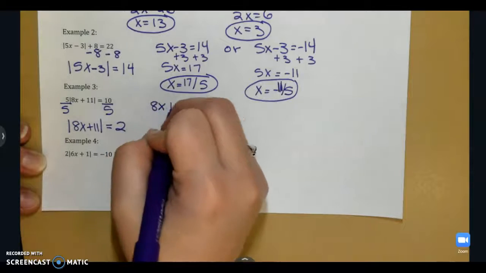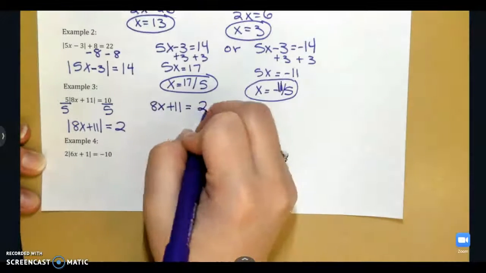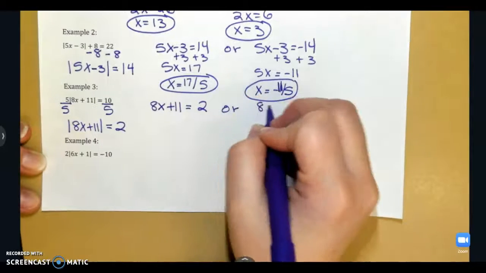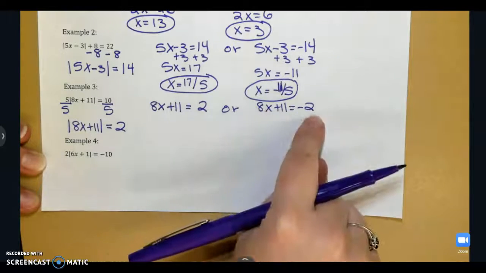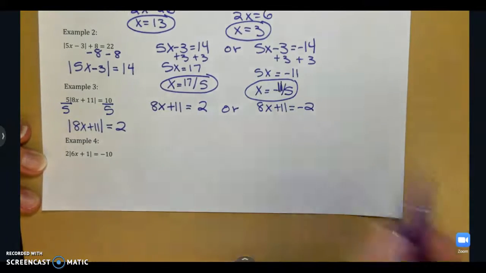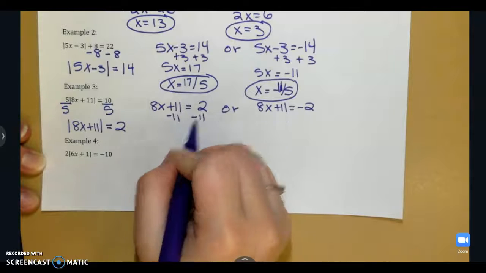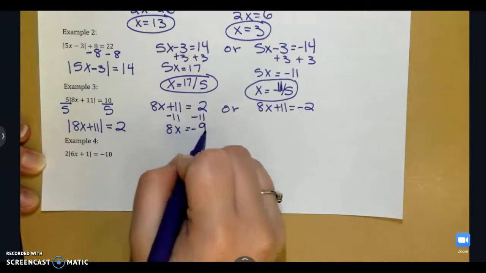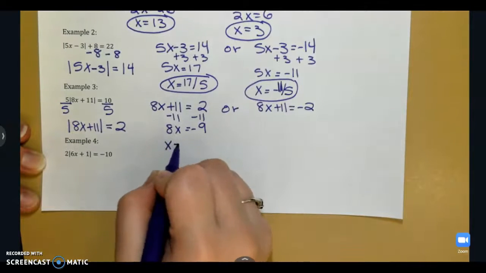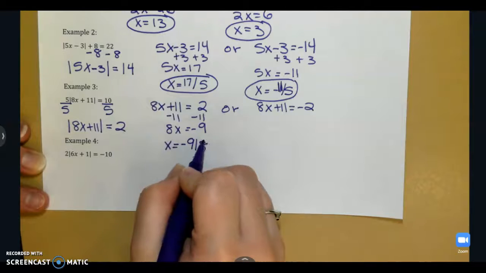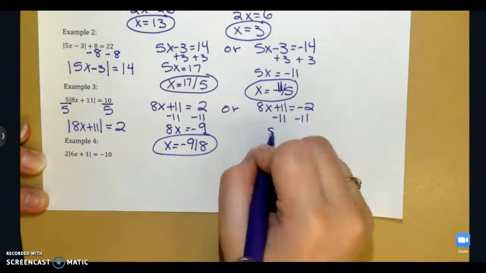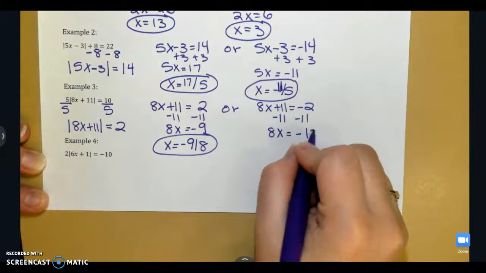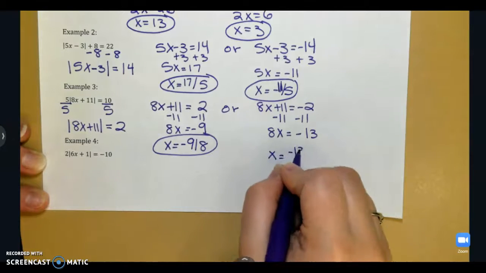That means that 8x plus 11 could be positive 2, or 8x plus 11 could be negative 2, because both 2 and negative 2 are 2 away from 0 on the number line. So we're going to subtract and divide. So we get negative 9 over 8, or, again, subtracting and dividing, we get negative 13 over 8.